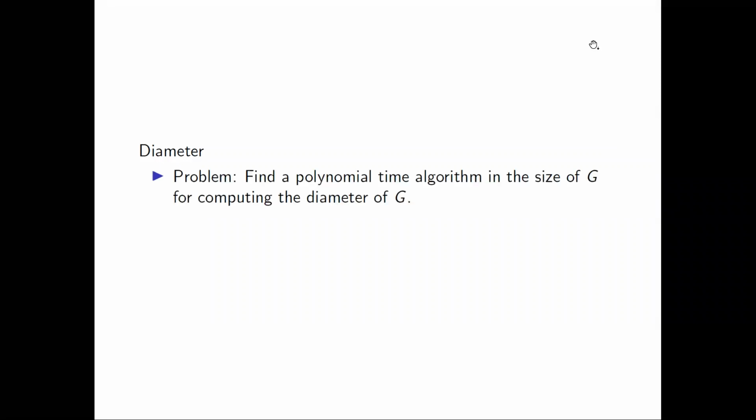And now here's a related problem which we discussed before, and I'll leave it to you to find a polynomial time algorithm for this one. So given some graph G, find a polynomial time algorithm in the size of G for computing the diameter of G. And the diameter of G, what is the diameter again?